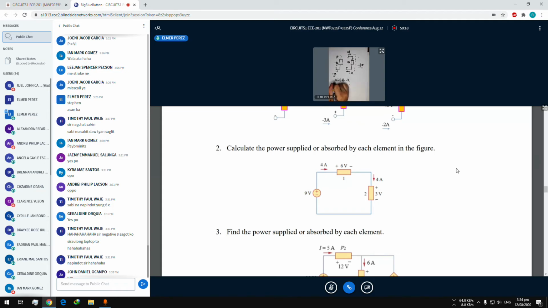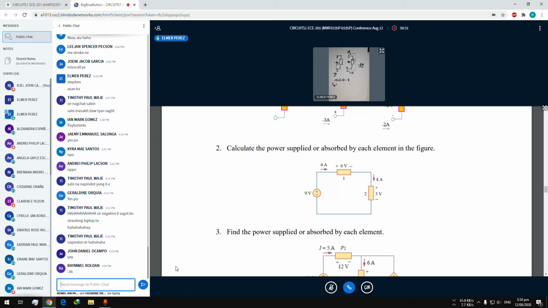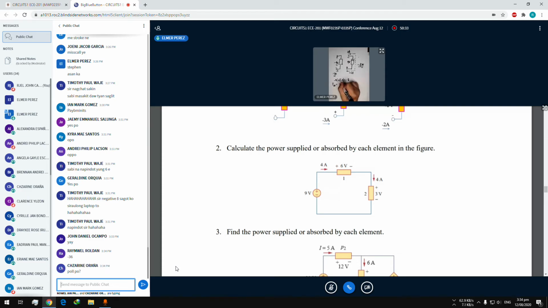Okay, ano ang power ng 9 volts? Okay, Rainwell, what's the power of 9 volts? Okay, negative 36 watts, supplied.